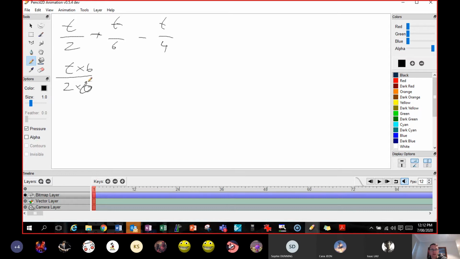The first thing I've noticed is that the lowest common multiple of this would be 12, because that lands on 6, 12, 4, 8, 12, 2, 4, 6, 8, 10, 12. So I've got to times this one by 6, this fraction by 2, and this one by 3, to get the denominator to 12. 6 times t, or t times 6, would give me 6t. 2 times 6 would give me 12, which is good, that's what I want.